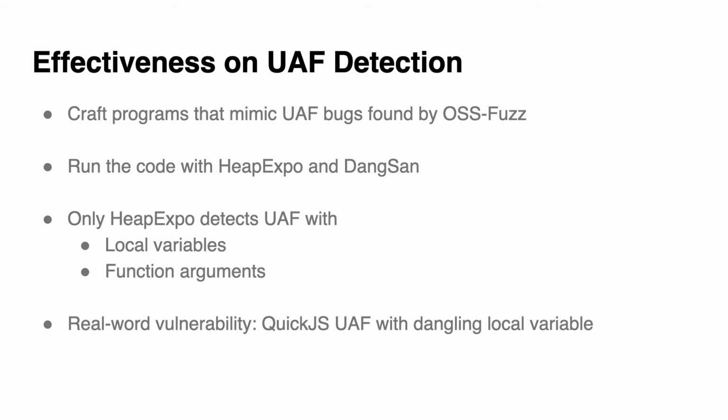We found only HeapExpo could detect use after free with local variables and function arguments. We also reproduced a real-world QuickJS use after free bug with dangling local variable, and we found only HeapExpo could detect the use after free.